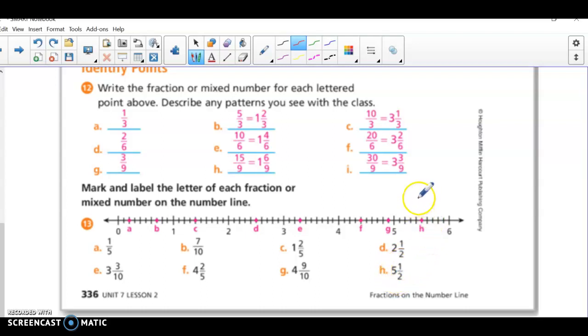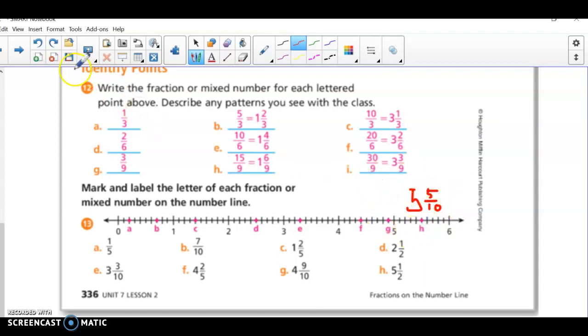And so really one other way you could look at that is you could say, well, that's the same as 5 and 1, 2, 3, 4, 5 tenths. That makes sense, right? 5 tenths is going to be the same as 1/2 because 5 is half of 10.